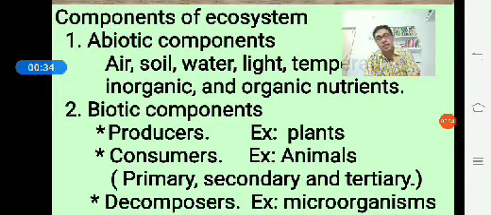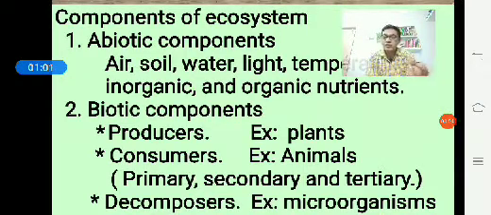In the consumers, there are three types: primary consumers, secondary consumers, and tertiary consumers. Primary consumers are called herbivorous animals, the animals which directly feed on plants for a source of energy. Such animals are called primary consumers or herbivorous animals.